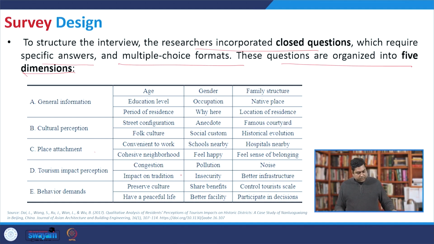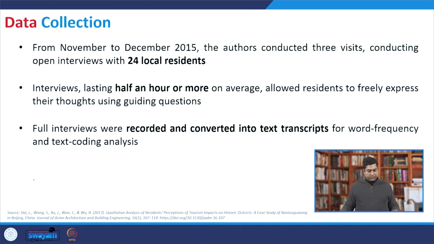Behavioral demands also were covered: better facilities, a more peaceful life, preserving culture, participation in decision making. So, those kinds of aspects were also captured. In these 5 dimensions, the authors captured the responses from the respondents.